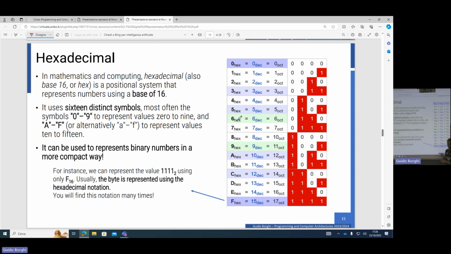Before positional representation, for example here in Europe, we used the Latin system, based on the sum of different values. We have the number 3 written with 1, 1, 1, so we have the number 3. We have the number 4. Have you ever seen the Latin system? Maybe some.